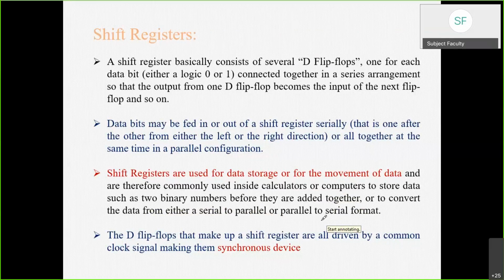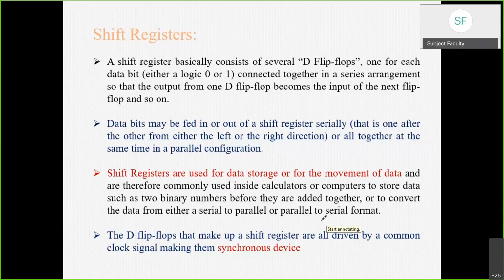You might have seen that while studying the 8085 microprocessor, there are different types of registers. Okay. So these are nothing but the same. So this shift register can be used in calculators and computers to store data.